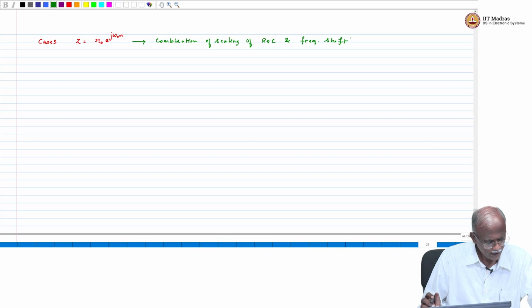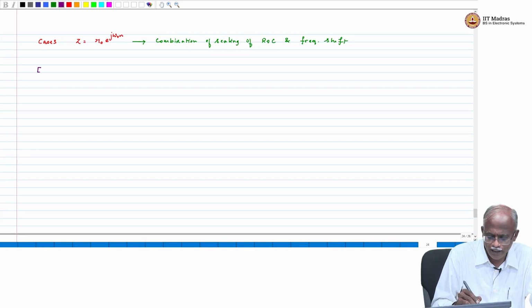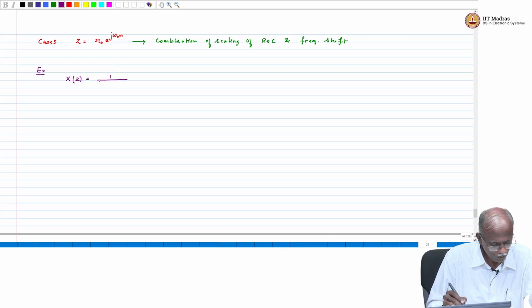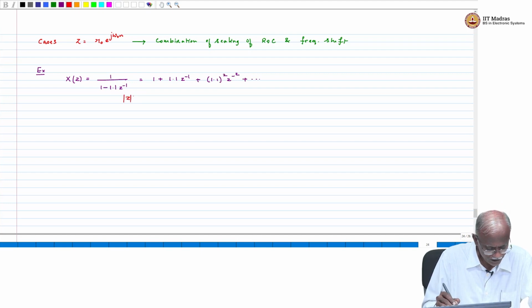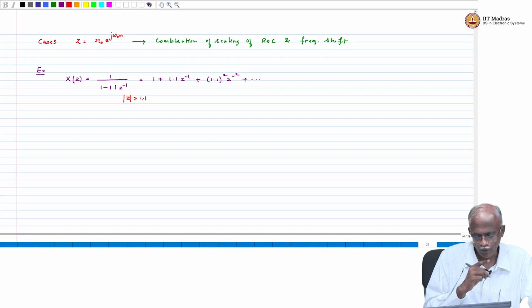Okay, so let us see if we can apply this in a very simple practical example. Supposing I have a sequence given by x of z equal to 1 over 1 minus 1.1 z inverse. Okay, so you know that this corresponds to 1 plus 1.1 z inverse plus 1.1 whole squared z power minus 2 and so on, and this will have a condition that mod z is greater than 1.1.